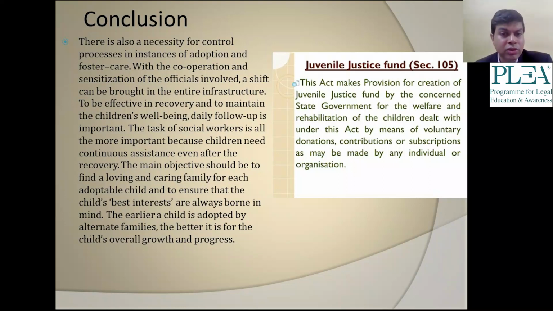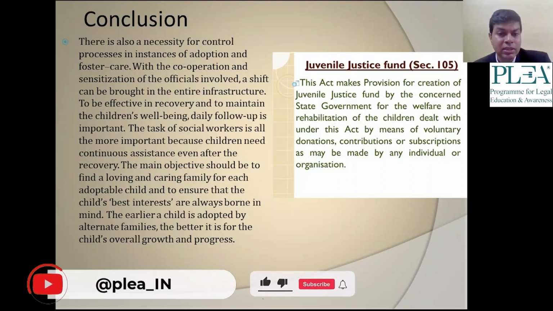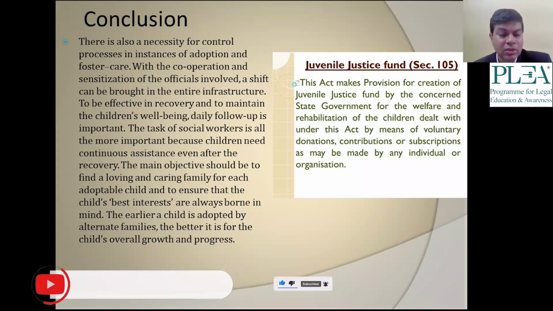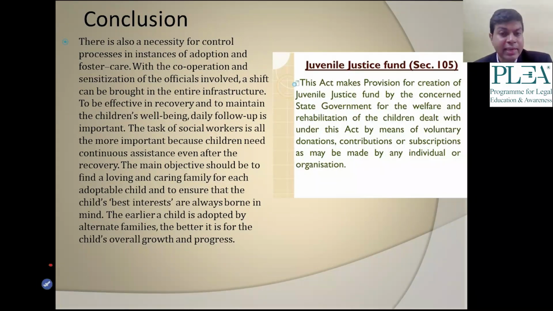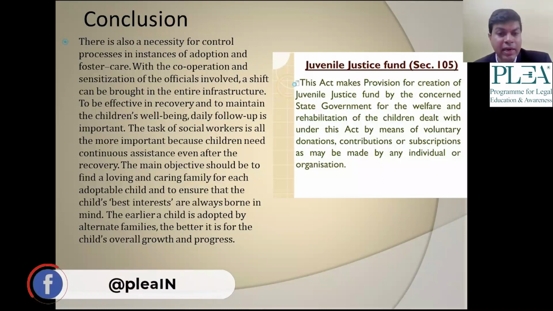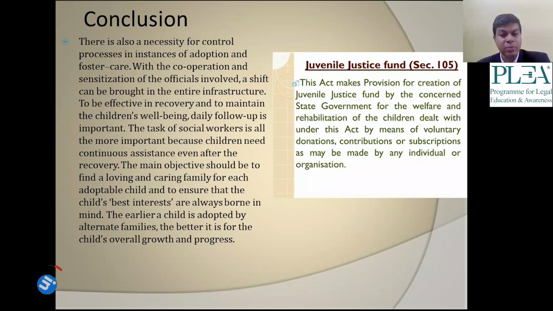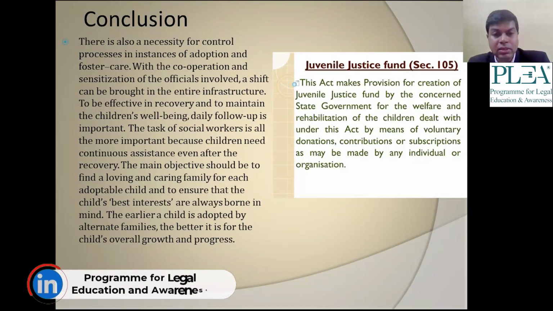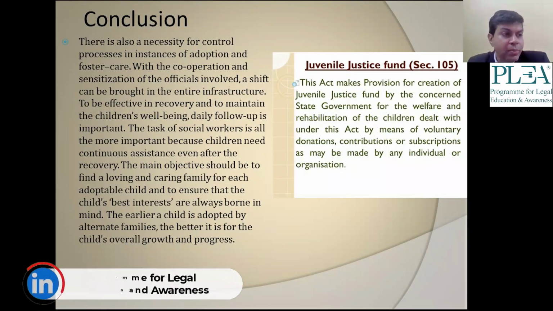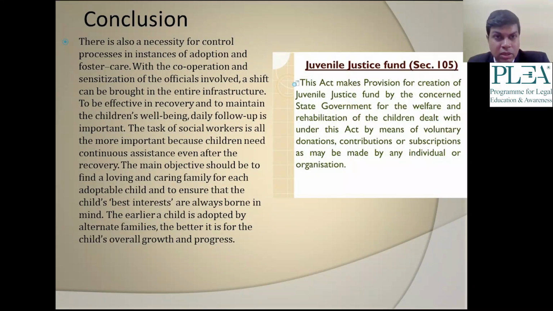The task of the social worker is all the more important because children need continuous assistance even after the recovery. The main objective should be to find a loving and caring family for each adoptive child and to ensure that the child's best interests are always borne in mind. So this is for the child's overall growth and progress. With this, I conclude the topic.